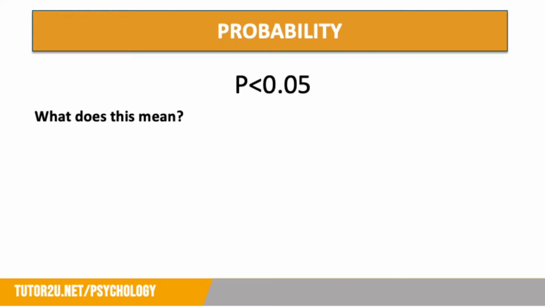Okay, so if we go to the next slide. I'm just almost giving the answers away here. Who can tell me what that means? What does that little p with that little arrow going that way, 0.05, how would you write that in words?